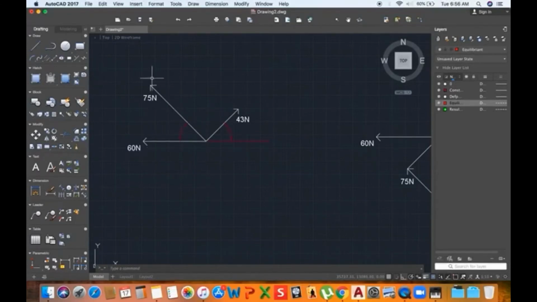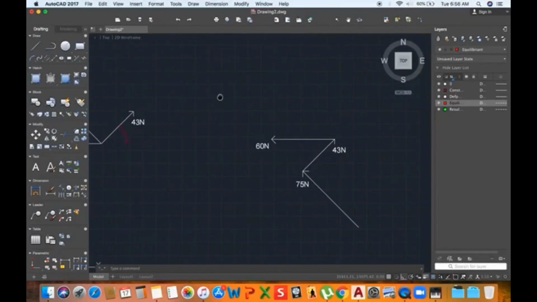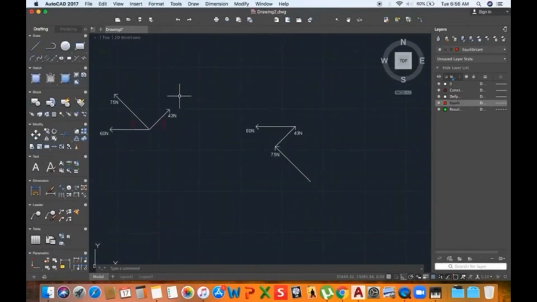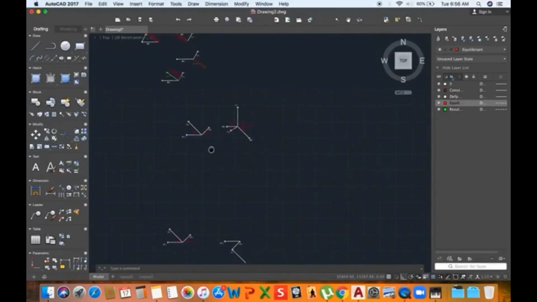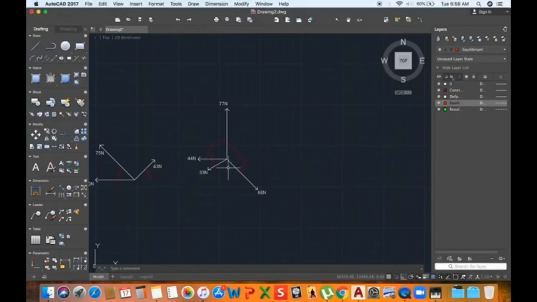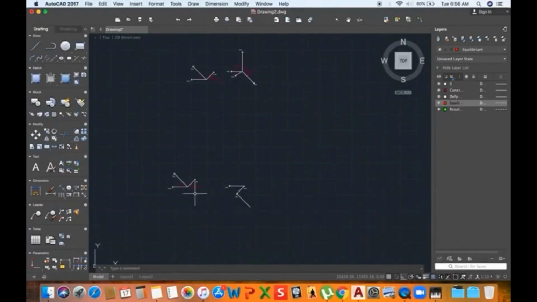Now, if you select them randomly, it will still be in a particular order, in a particular direction. That's just because there are three forces. If there are more than three forces, you now have to pay attention to the one you're selecting next, as will be demonstrated with these forces acting on this particular body.